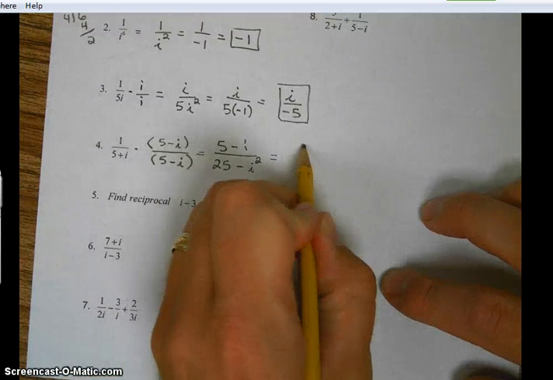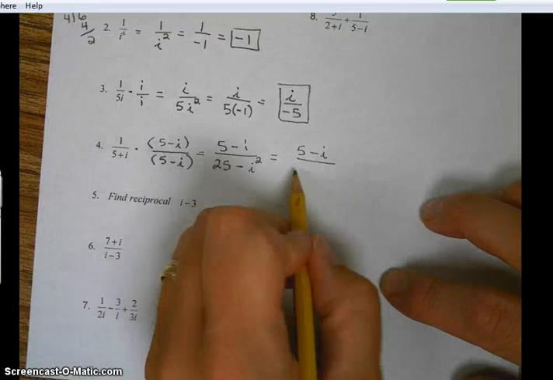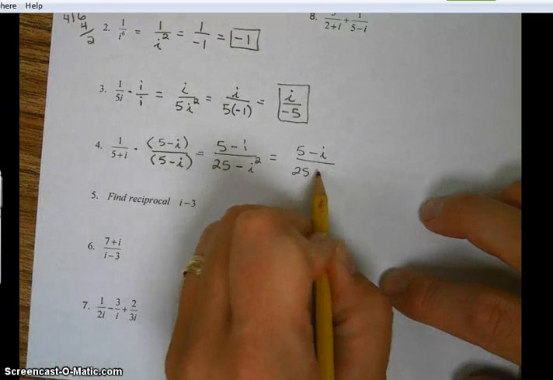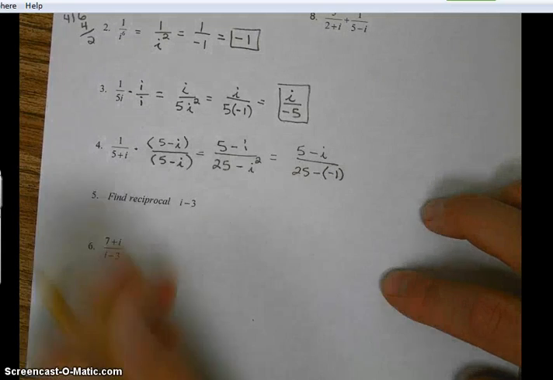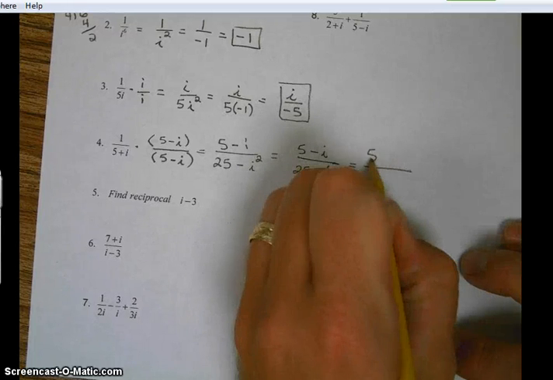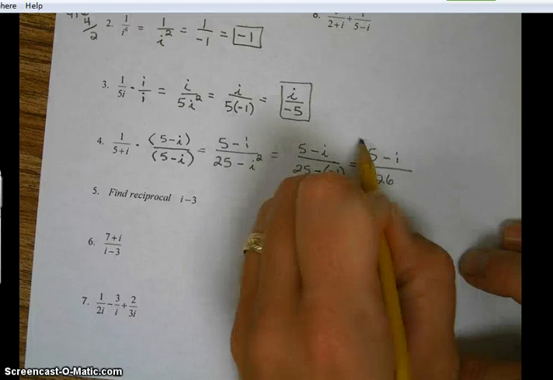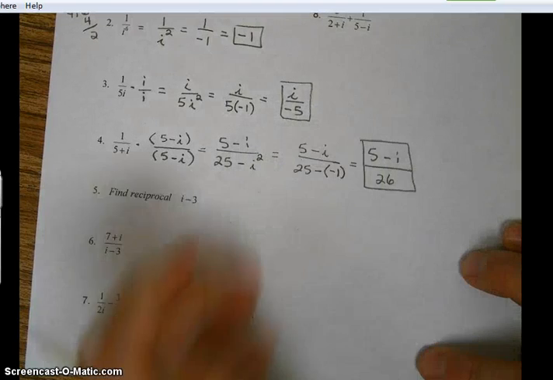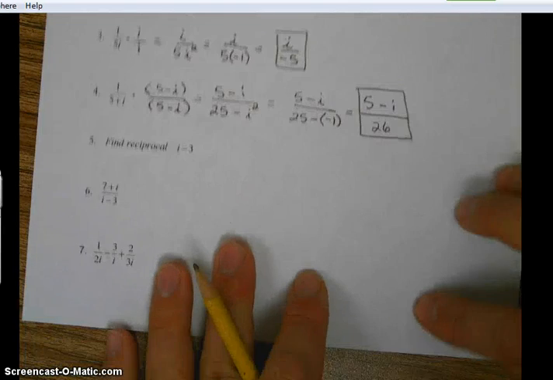Okay, continuing on, we're going to have 25 minus i squared is -1. And continuing on, we get 26. Notice the i is no longer present.